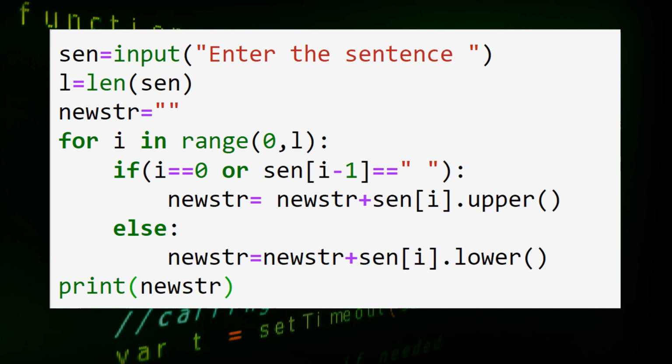So if the current position is 0, or the character before the current position was a space, then we will convert the current character into uppercase and store it into the new string. Otherwise we will convert that character into lowercase and add it to the new string.